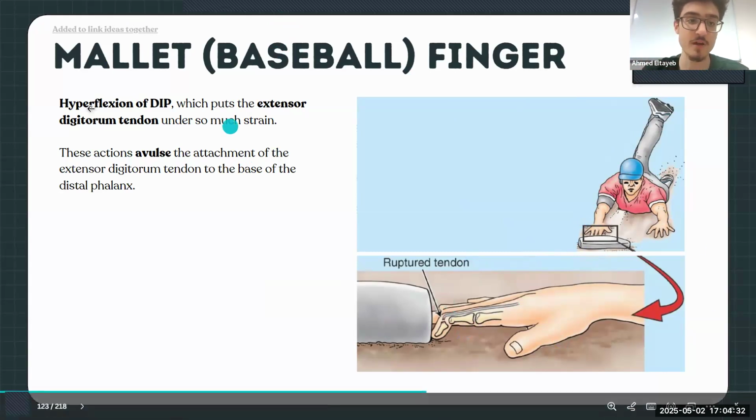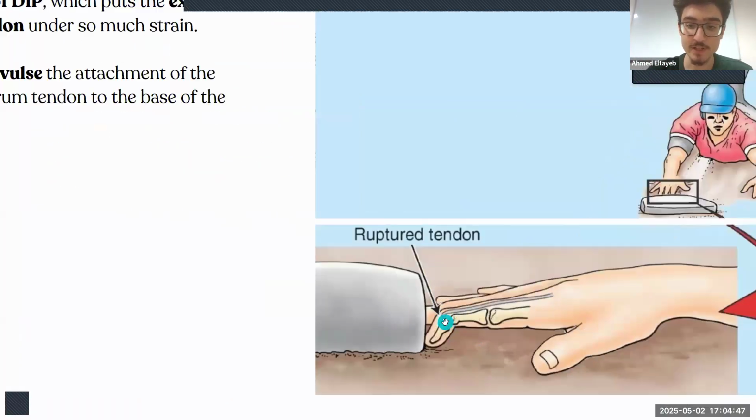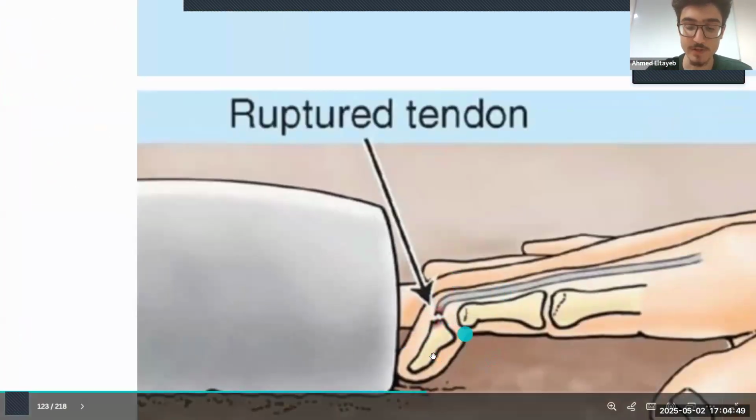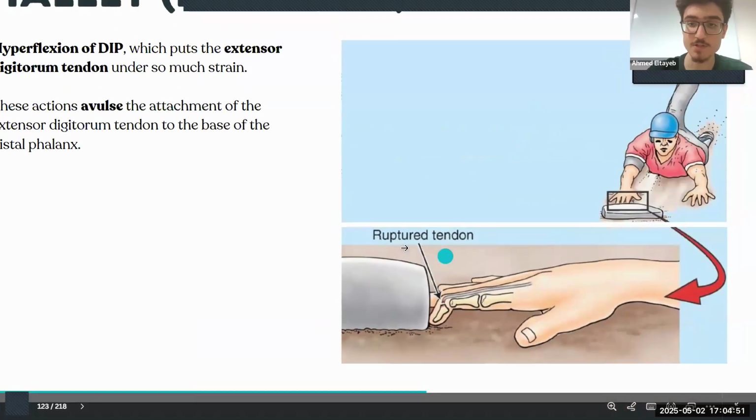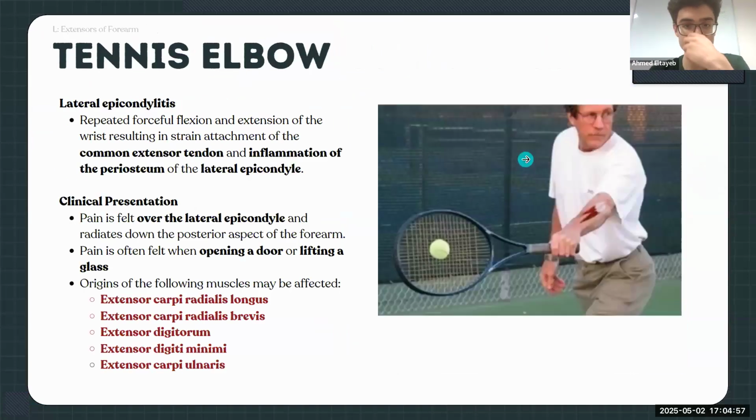Basically, it's going to cause hyperflexion of the distal joint, and it's going to rupture the extensor digitorum tendon. It's an avulsion fracture where you have nothing really holding the very end of your finger. So keep this in mind. We're also going to discuss it later, but this is where you link it with the extensor digitorum tendon.